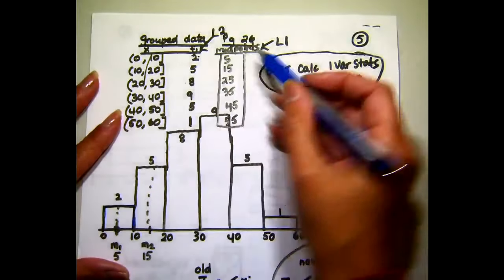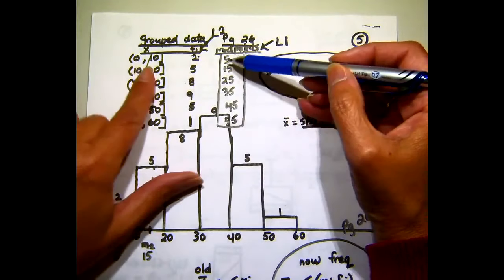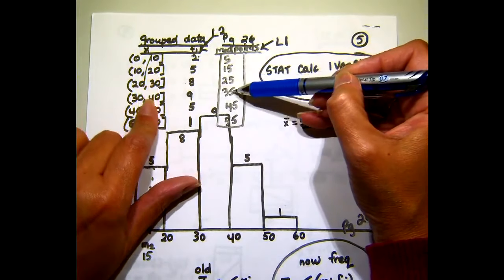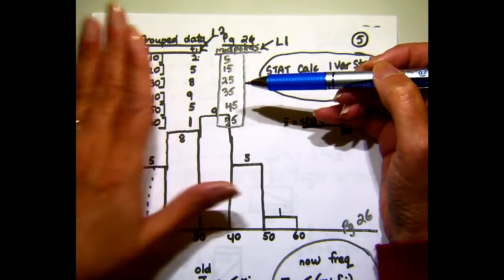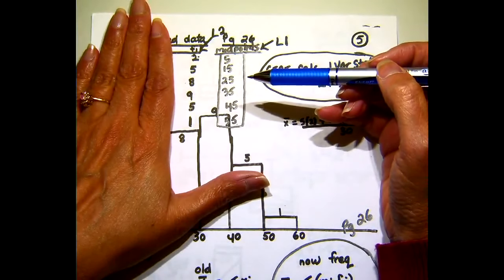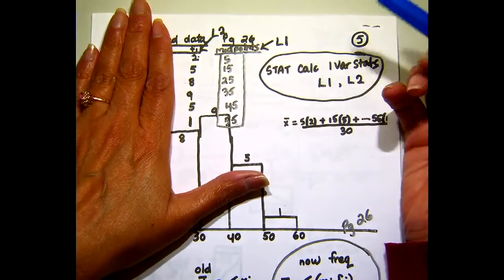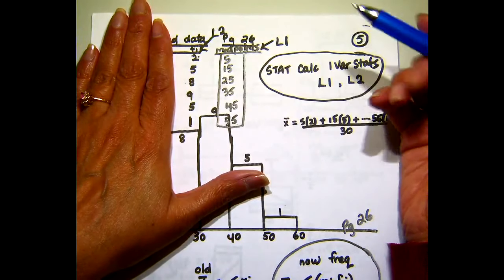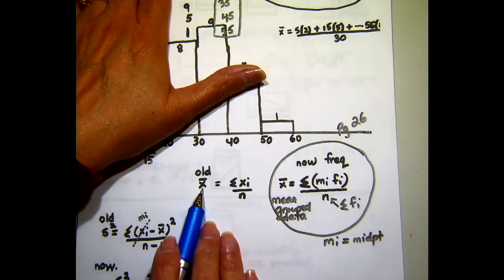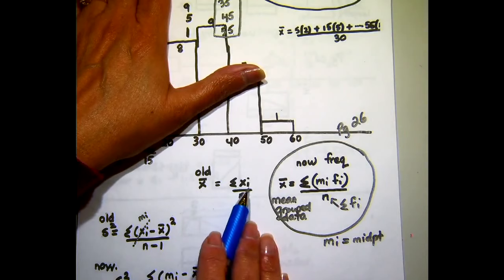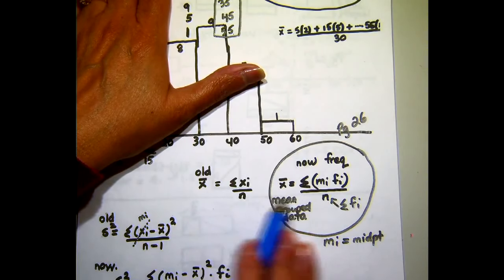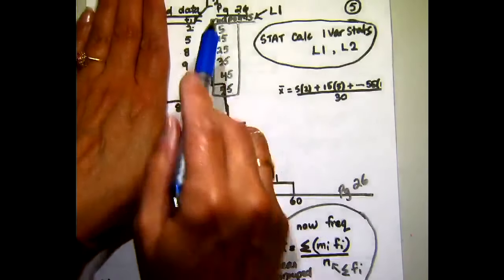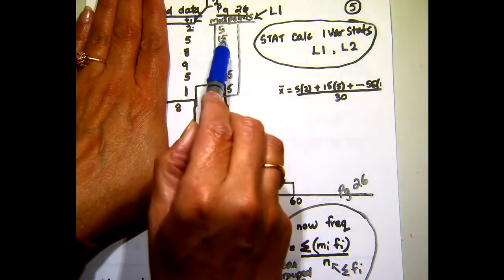So here I have listed the midpoints. The midpoint here is 5, 15, 25, 35, 45, and 55. And here's the frequency column. I can now disregard this column right here. And instead of the old formula that says x bar is equal to summation xi over n, I'm going to have to modify this a little bit because each of these midpoints occurs multiple times now.